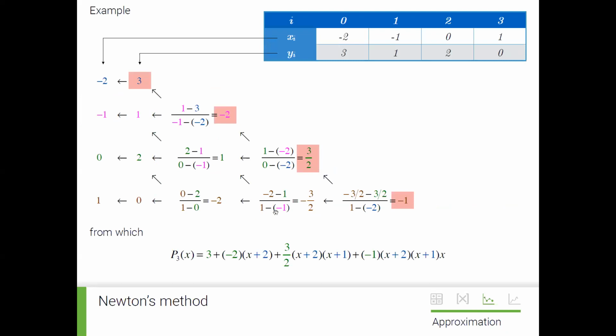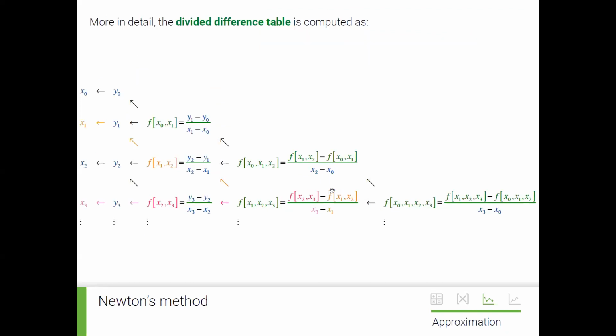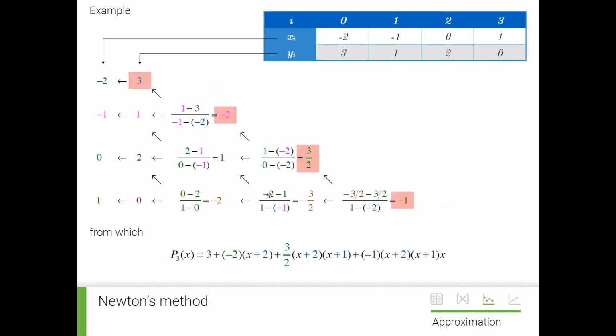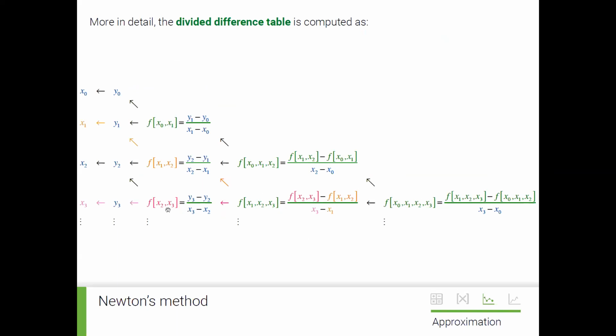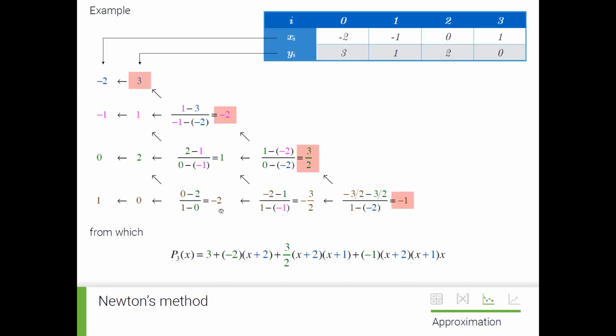We don't know f[x2, x3], but we know x1, x2. And let's find this f[x1, x2, x3]. This x2, x3 equals -2.